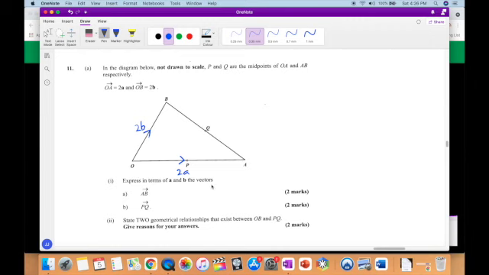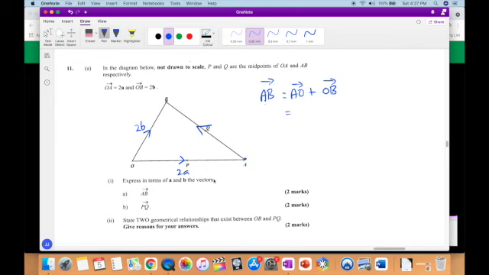Expressed in terms of A and B, the vector AB. But the vector AB, if I want to drive from A to B and there's a roadblock, I'll need to drive from A to O plus O to B. Right?